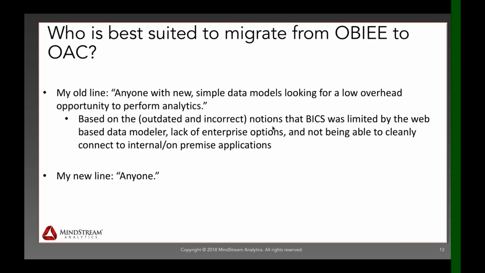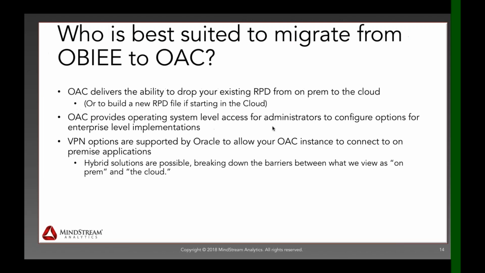I think the ability to drop your existing repository from on-prem into the cloud or build a new one, and being able to VPN so that your OAC environment can connect to your on-premise data centers, really allow a more enterprise solution to be built from this cloud product that wasn't there when those things weren't the case. A big piece of that is the Active Directory piece.